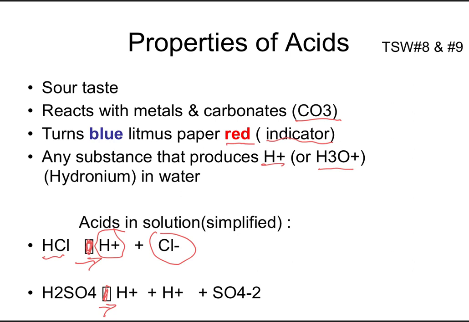The other example here is H2SO4. Like I said, this is supposed to be a subscript. You put it into water, it's going to break into 2 hydrogen ions plus the SO4 negative ion here. So that's what happens when you put acids into water. It dissolves, it breaks apart into this ionic form.